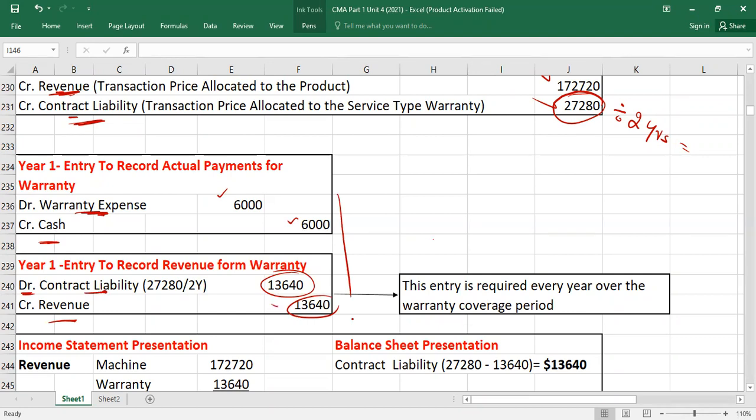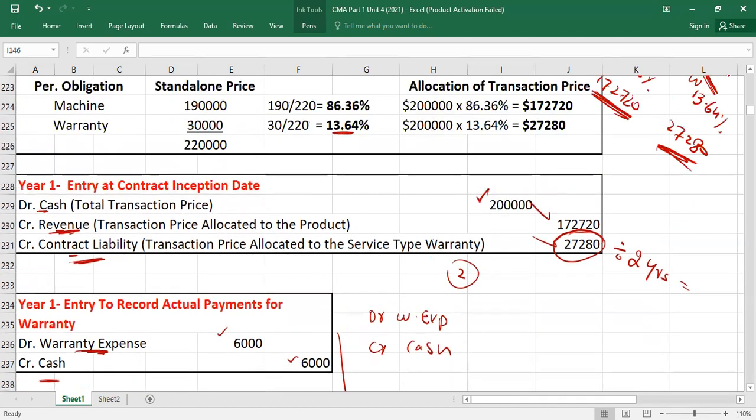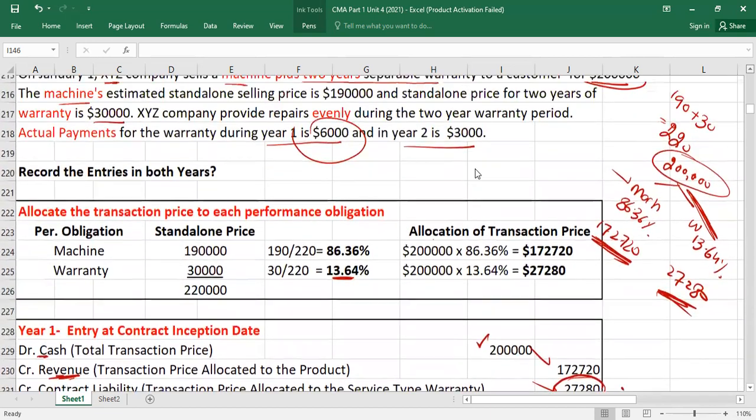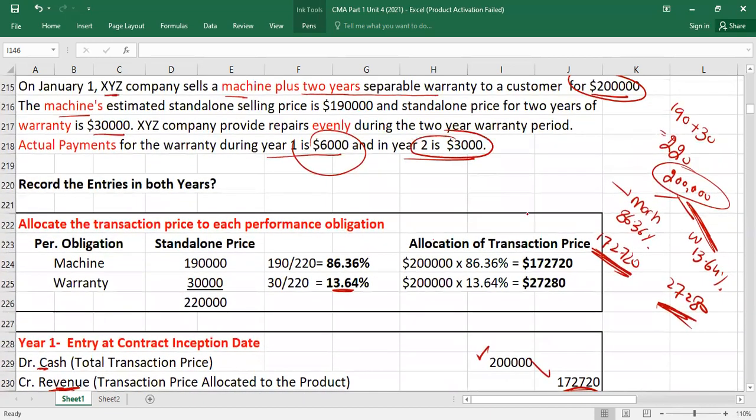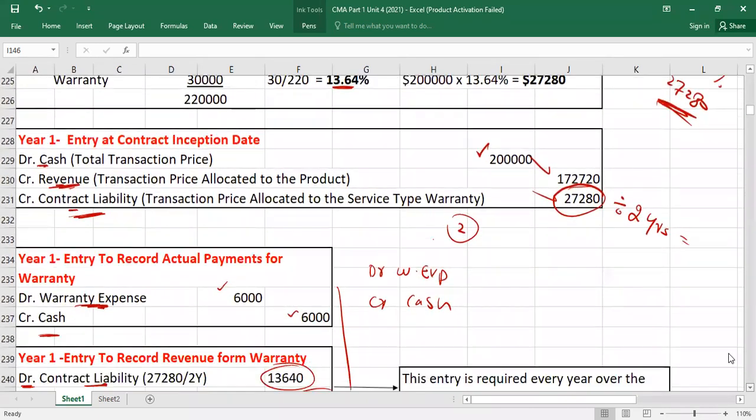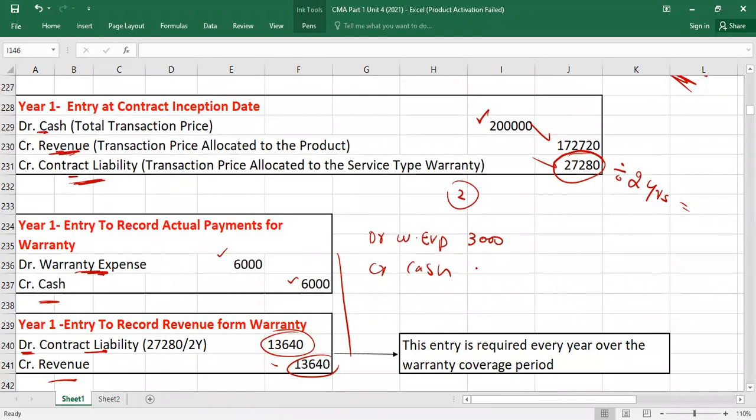So what entries will you pass in the second year, guys? Again, you have to record the expense. This is year 2 I'm writing here. You debit warranty expense and credit cash with the actual payments, and the actual payments in year 2 are, I guess, 3,000 in the question. So you will record this entry with 3,000. Second entry, you also need to book this deferred income entry.